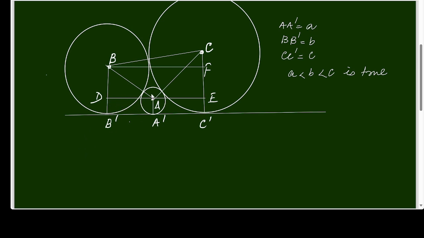So first I am starting from A'B'. A'B' equals b plus a, and B'D equals b minus a, since B' is at height b and A' is at height a.